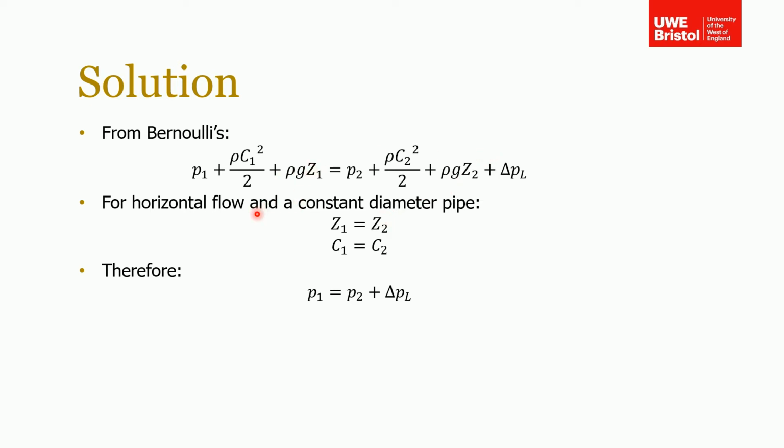And also, because it's a constant diameter pipe, we know from continuity what goes in must come out. We know that the velocity at 1 and 2 will also be the same, and therefore these two terms will cancel. Therefore, this Bernoulli simplifies down to the static pressure at point 1 being equal to the static pressure at point 2 plus the pressure losses.